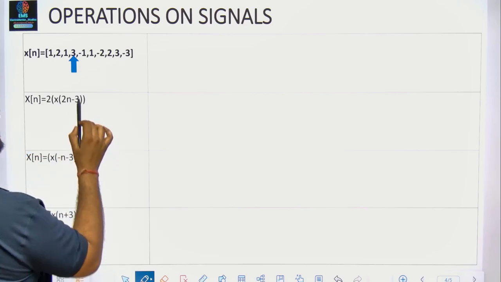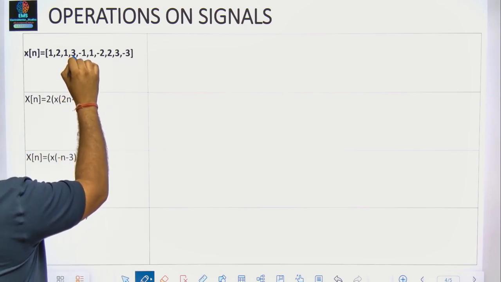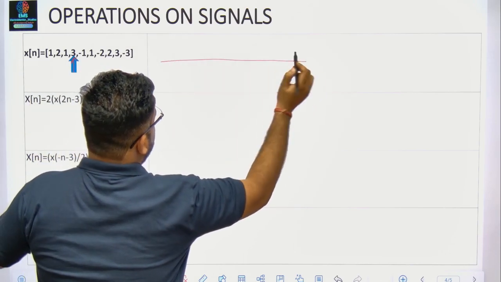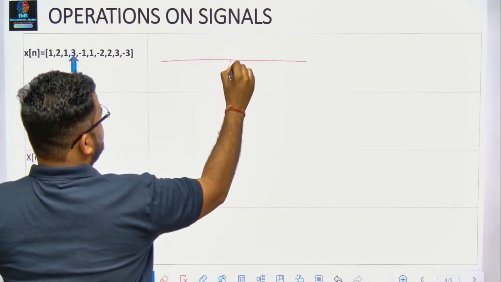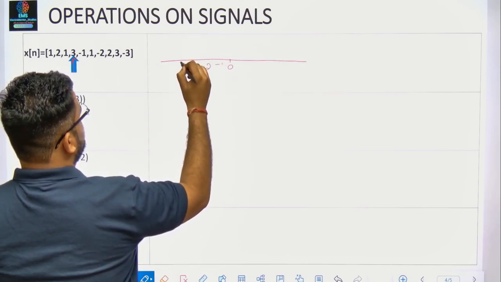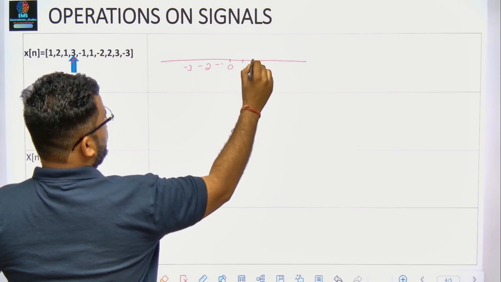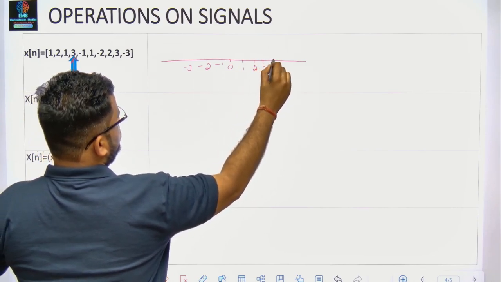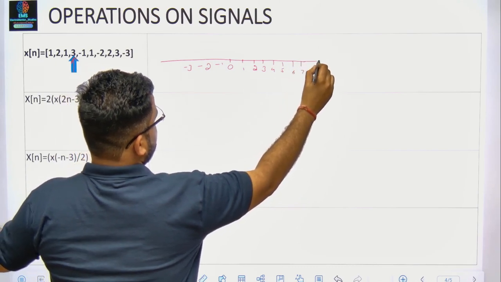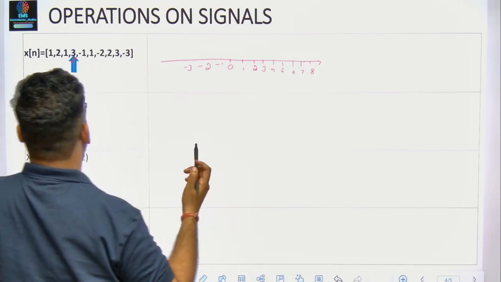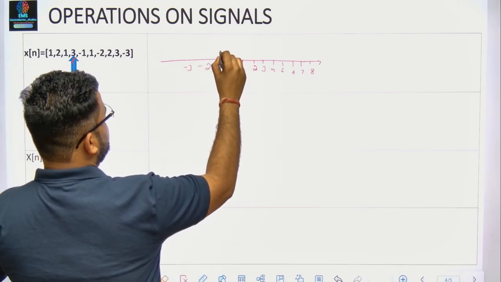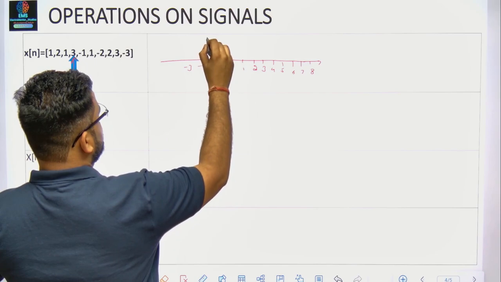Now, how to plot this discrete? See, always remember, this arrow tells you the position of your axis. So 0, minus 1, minus 2, minus 3, 1, 2, 3, 4, 5, 6, 7, 8. Let us see how many samples are given to us. So at minus 1, the value of sample is 1.